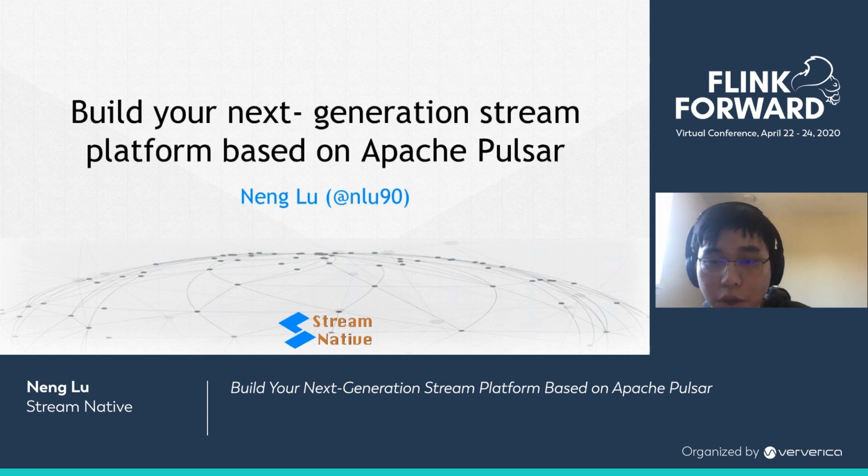Can Presto query bookie? Is there an official catalog? So the answer to your first question is yes, Presto can query bookie. We have official support for Pulsar SQL to help users query data using Presto.